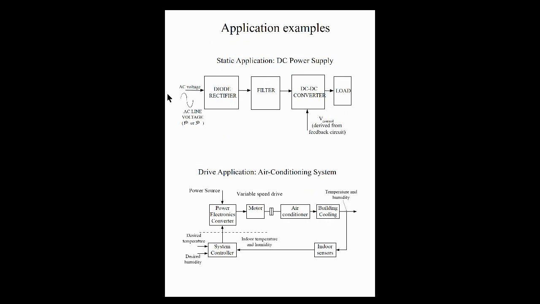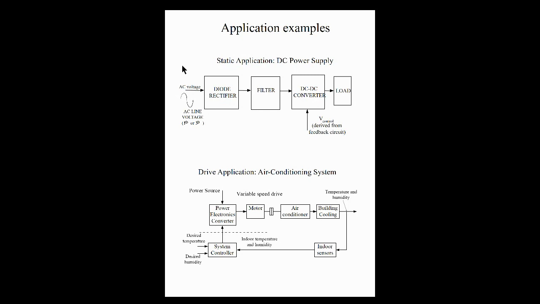Right, so I'll give you an example of each type in a block diagram. The first, you look at the static application, and here it's in relation to a DC power supply. And then we look at the drive application, and that's for your AC system.